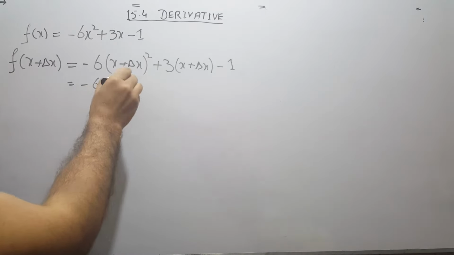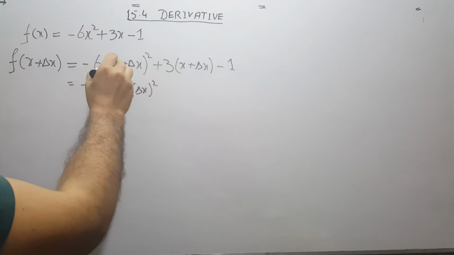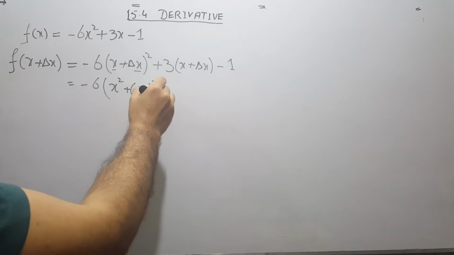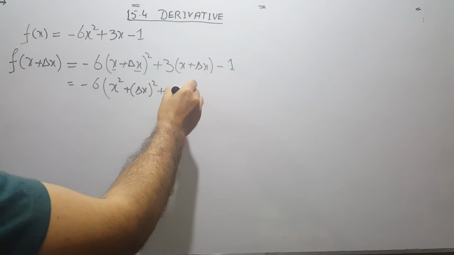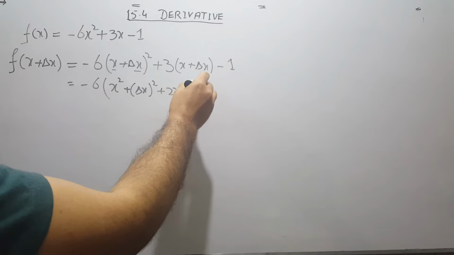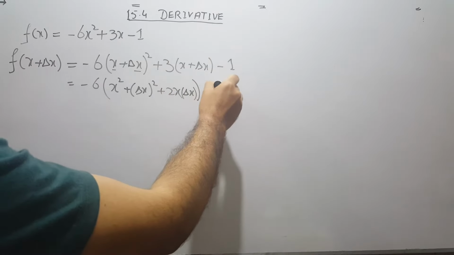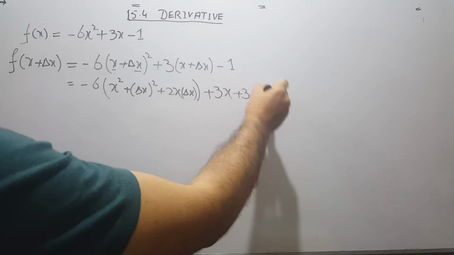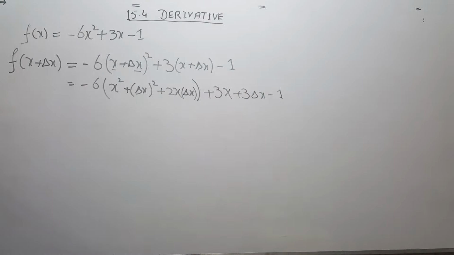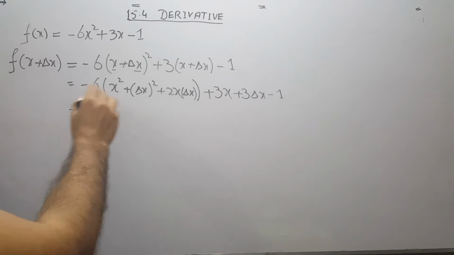According to the formula, it is the square of the first, the square of the second, and then 2 times the first, which is x, and the second, which is delta x. Then you have to multiply 3 to x and 3 to delta x, and minus 1 as it is.